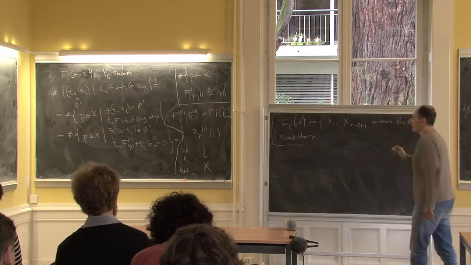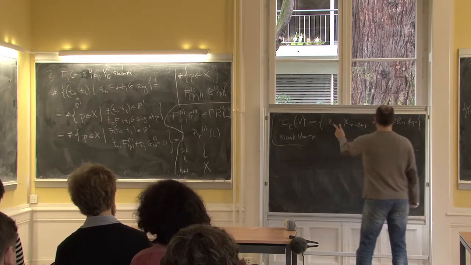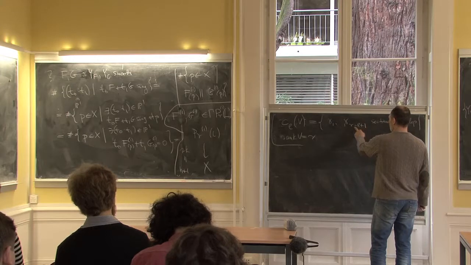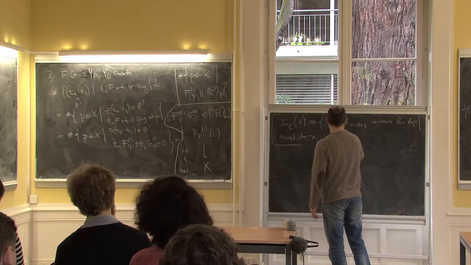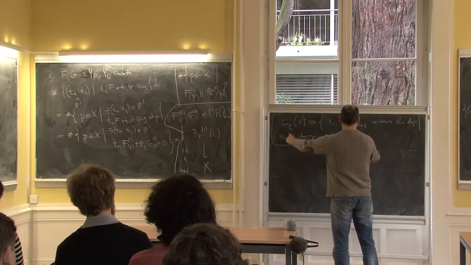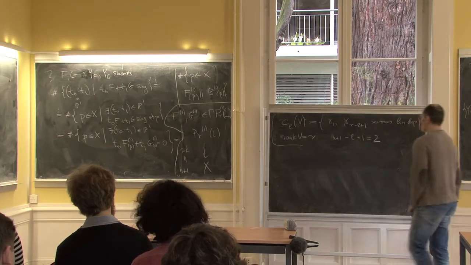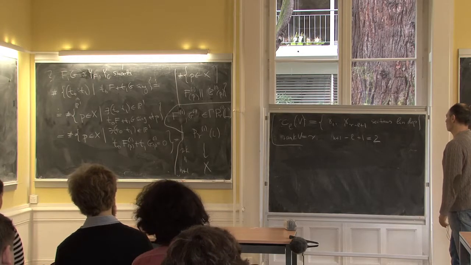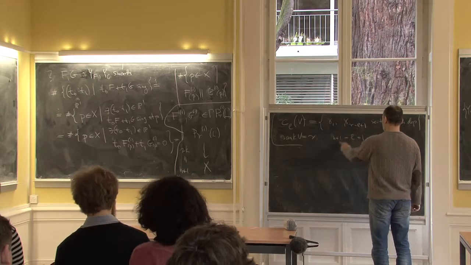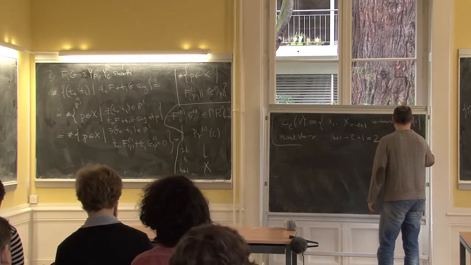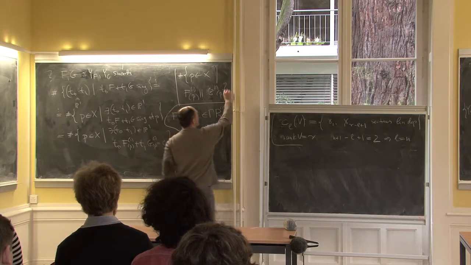So that was the condition. So if you substitute now here, the rank is n plus 1, and you want 2 of them, right? So you want n plus 1 minus L plus 1 to be equal to 2. Yes? Yeah. And so for this, you want L to be equal to n.